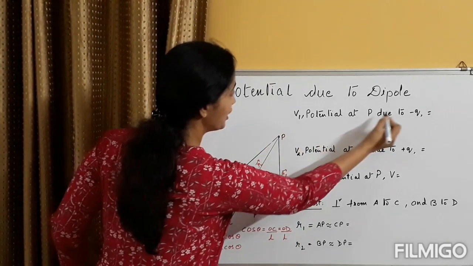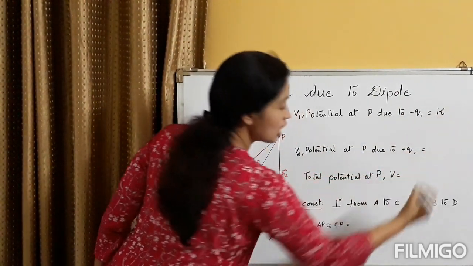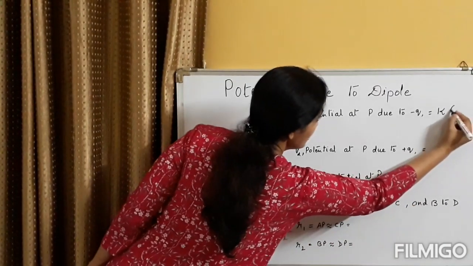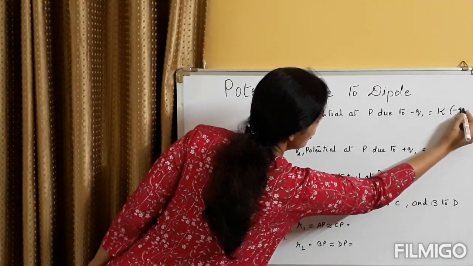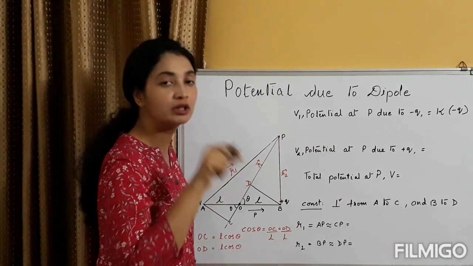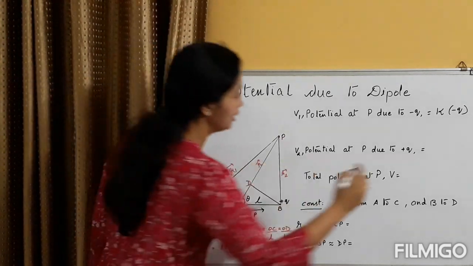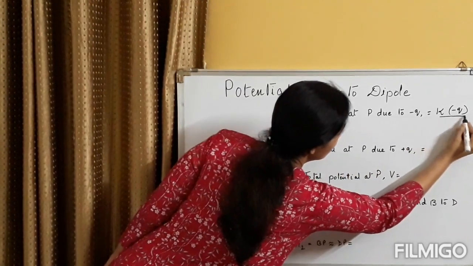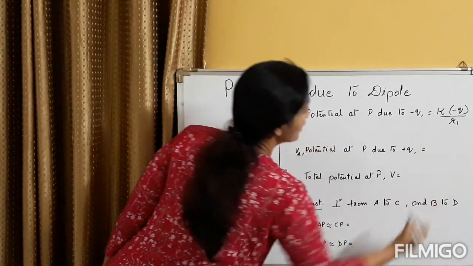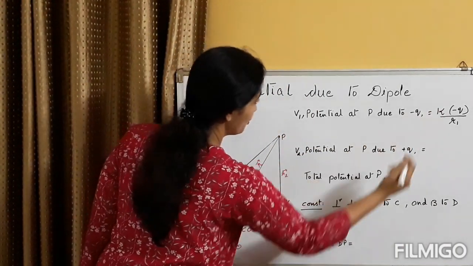So the potential at P due to minus q: you have seen it for a single charge, it is constant K into the charge. In the case of potential and potential energy, you put the charge with its polarity, unlike force and electric field. So it is this upon the distance of the observation point from the charge. So you have K into minus q by R1.